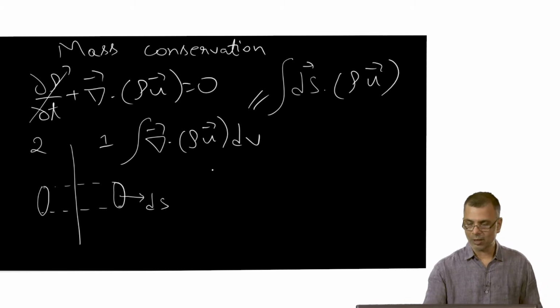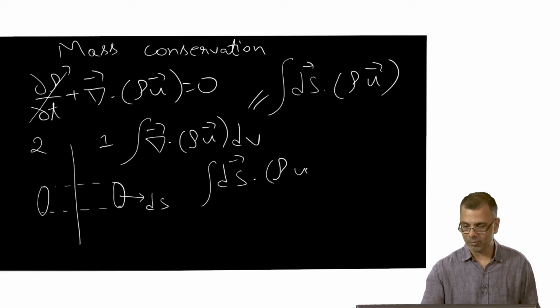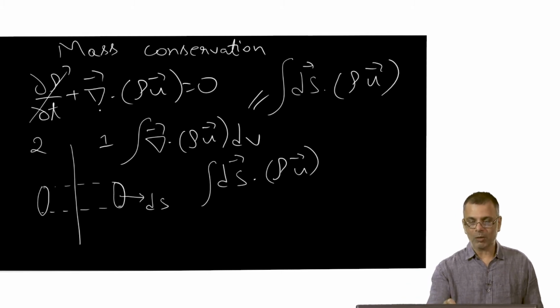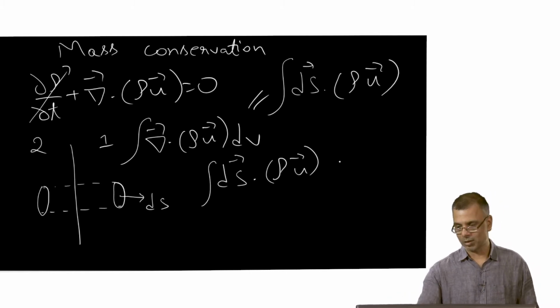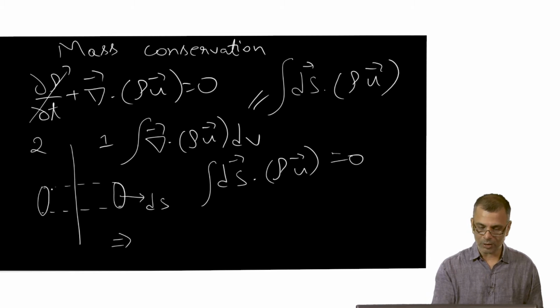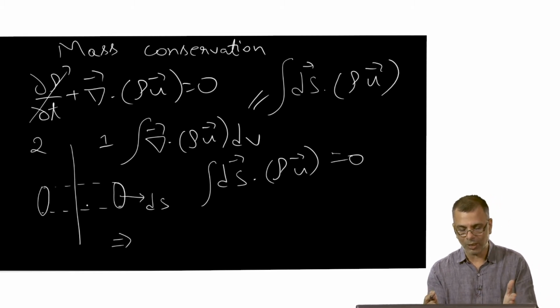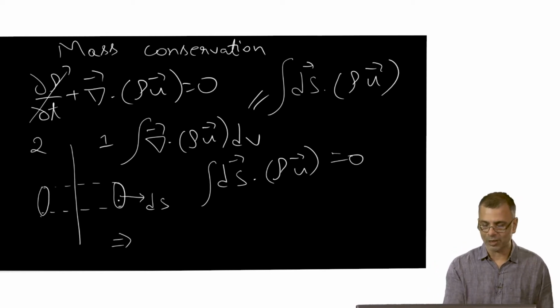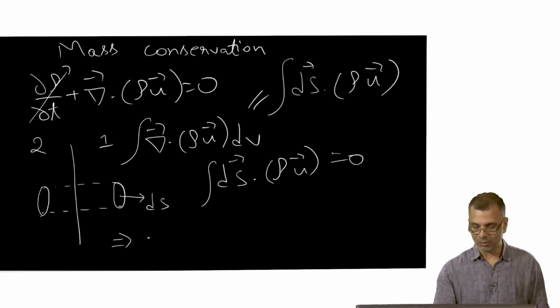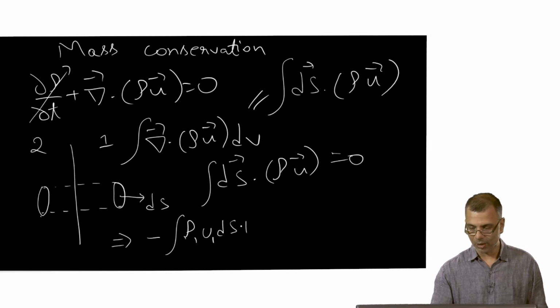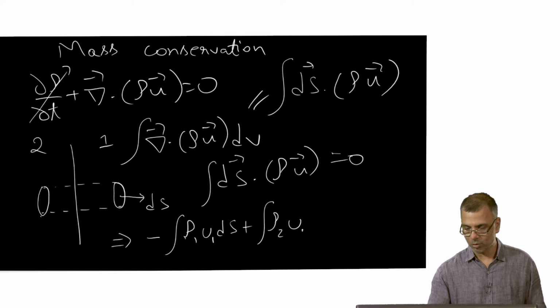So this ds dot rho u is equal to 0. The volume integral of the divergence of rho u equals 0 means, by the divergence theorem, that the surface integral is 0. If the length of the cylinder is shrunk so much that the two faces are arbitrarily close to the shock front, this becomes minus rho 1 u1 ds plus rho 2 u2 ds.